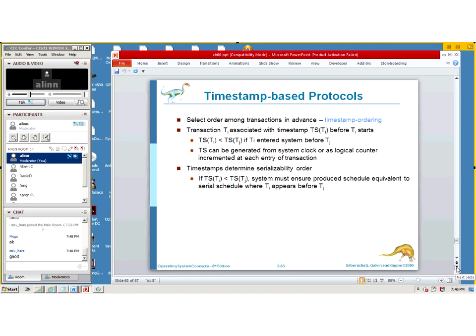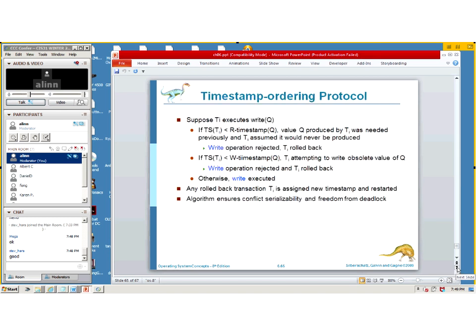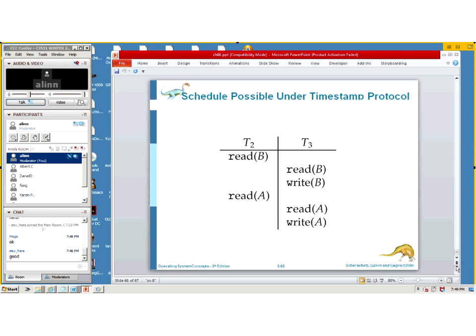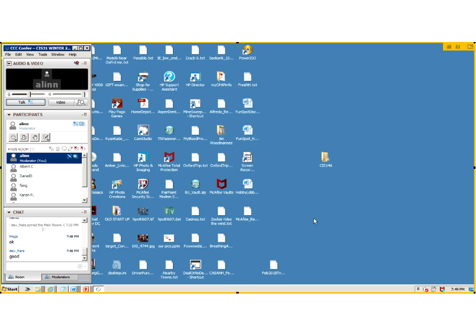Timestamp ordering, that's kind of what I was showing you as an example. I'm not going to spend a lot of time on this because we're going to talk more about it in file management. So you're not going to see this kind of stuff on the test. Okay? You don't have to worry too much about that.